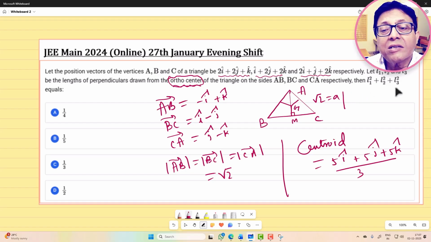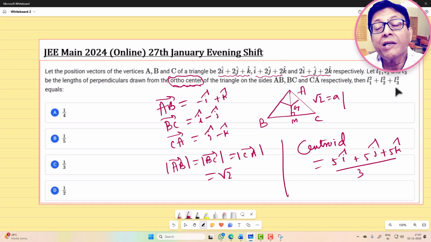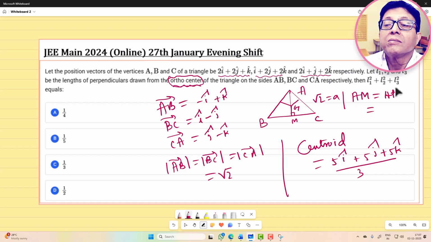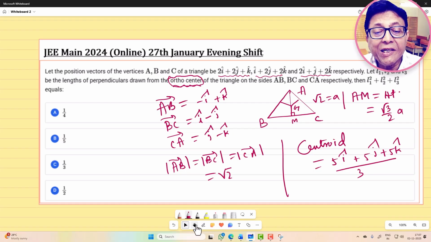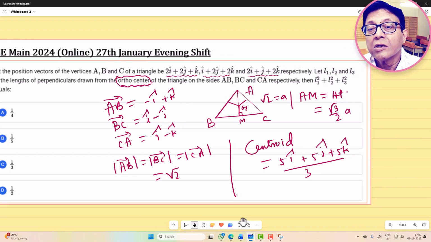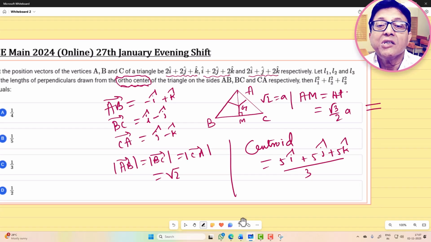For an equilateral triangle, height and length of median, they are equal. So AM equal to height, and this is going to be √3/2 into a. Substitute the value of a over there. So AM is equal to √3/2 into √2.